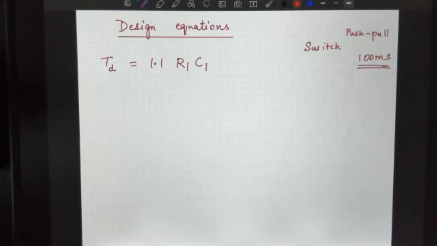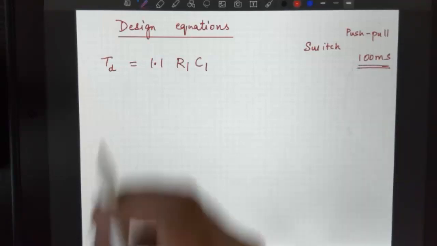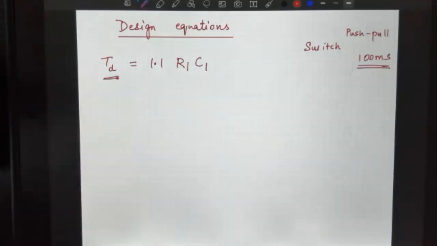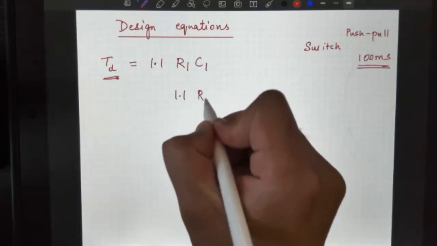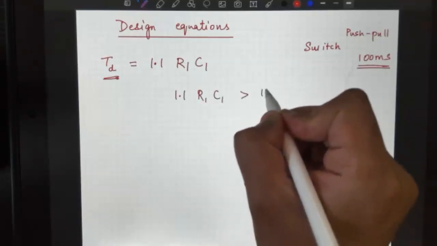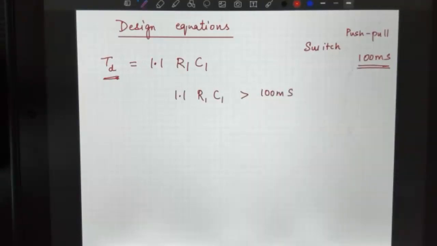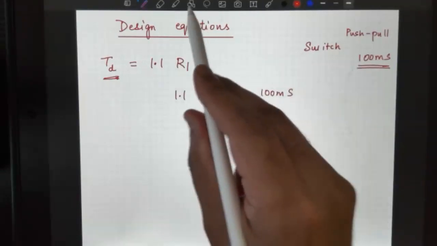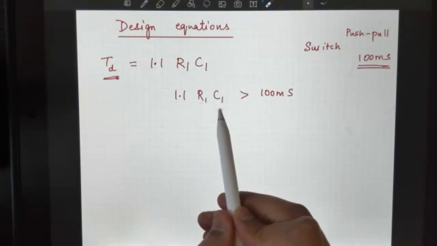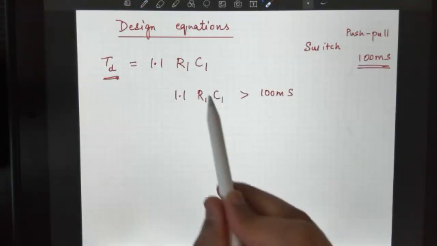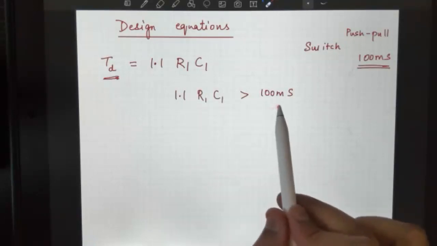Our goal will be to discharge a little bit more than 100 milliseconds. So what we'll set is 1.1 R1 C1 should be greater than 100 milliseconds. I can have a value for R1 and a value for C1 such that this equation is satisfied.